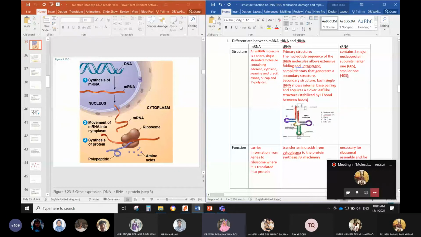Then tRNA is another molecule that depends on its shape in order to exert its function, because this is the one that recognizes the sequence in the mRNA, because it has an anticodon.